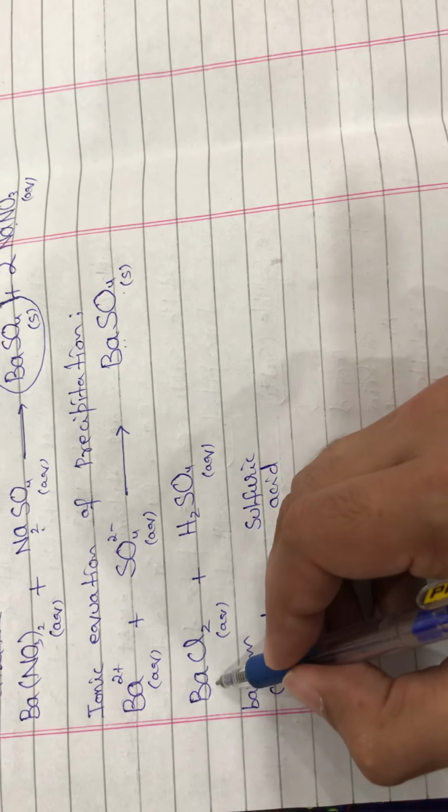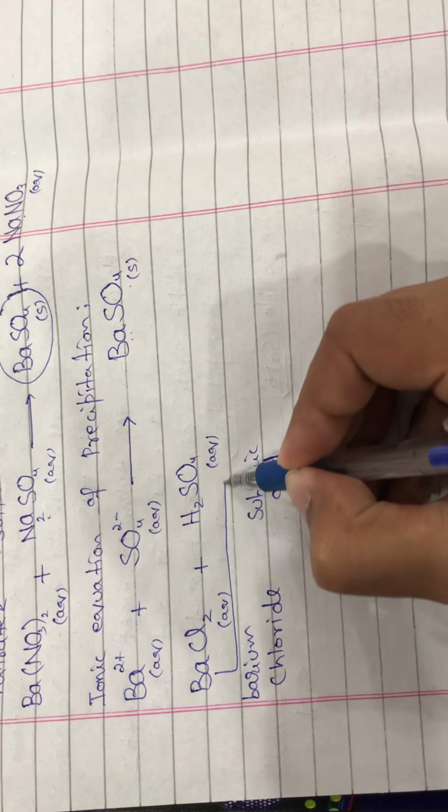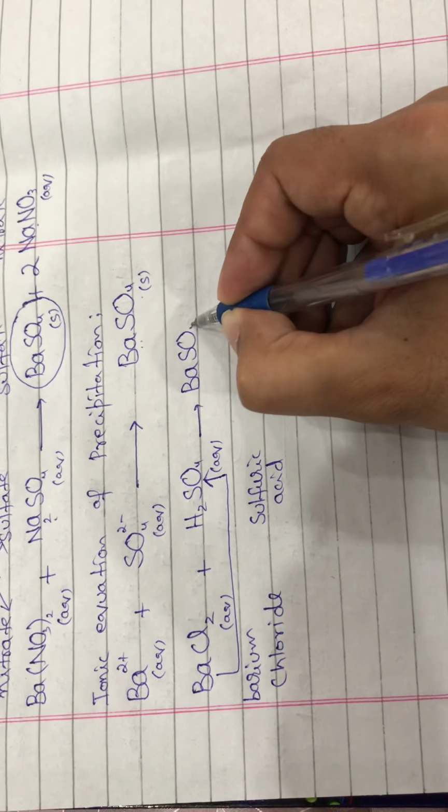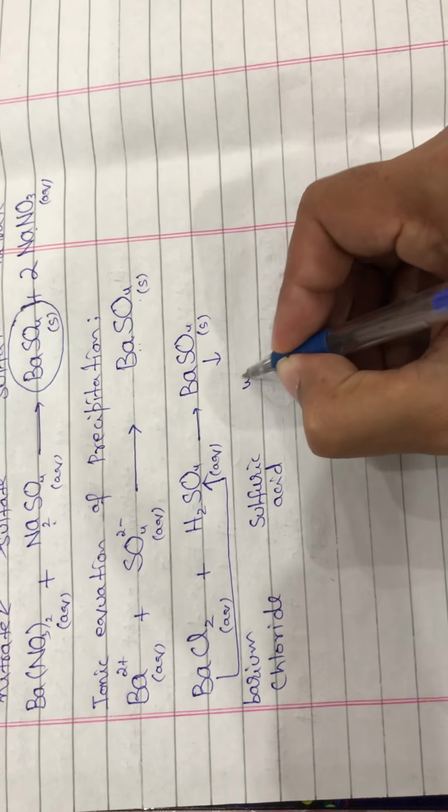So over here barium ions react with the sulfate ion to produce white precipitate of barium sulfate, plus hydrogen ions will react with the chloride ions to produce hydrochloric acid. In order to balance the equation, we will write 2HCl.